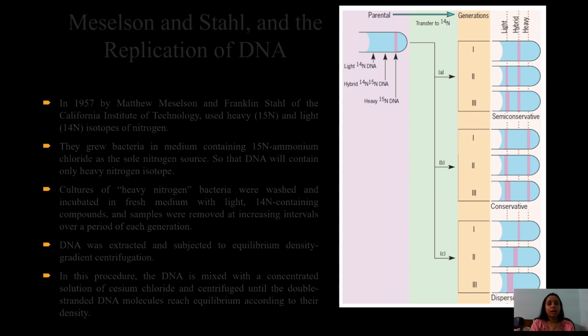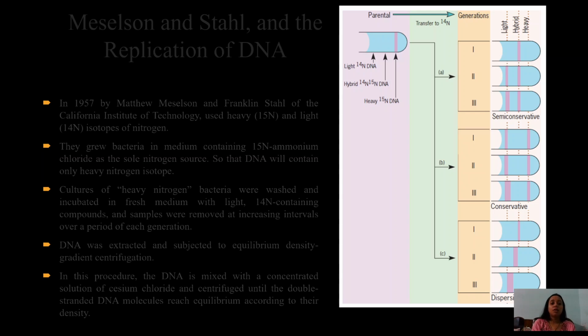After they achieved DNA made only of 15N, they washed the bacteria and incubated them in fresh medium with light 14N-containing compounds. So now the fresh medium has 14N as the sole nitrogen source.